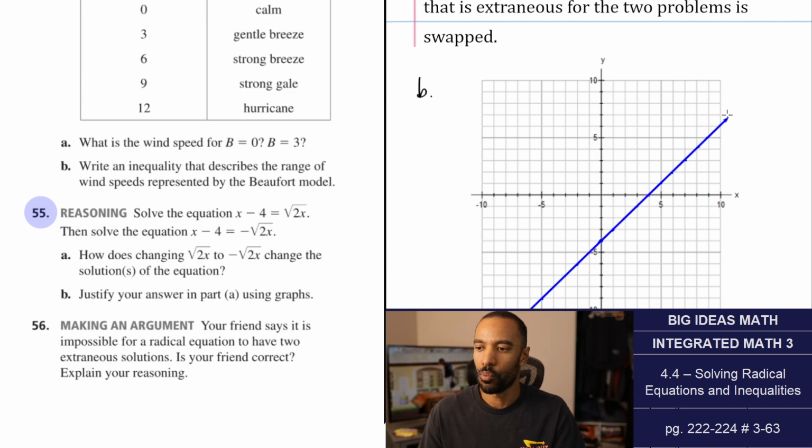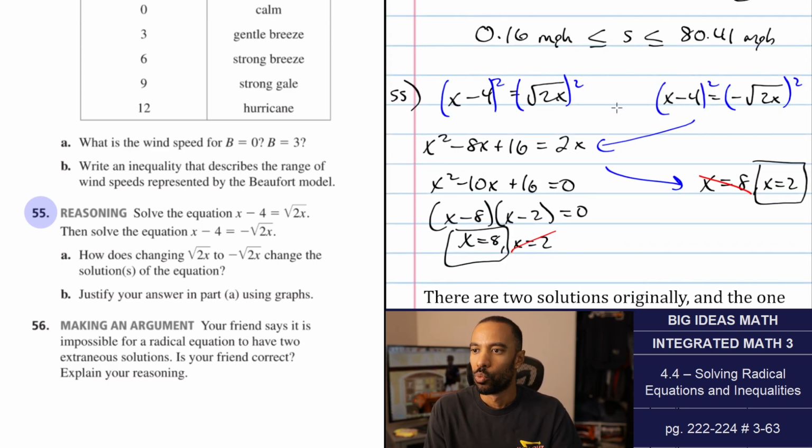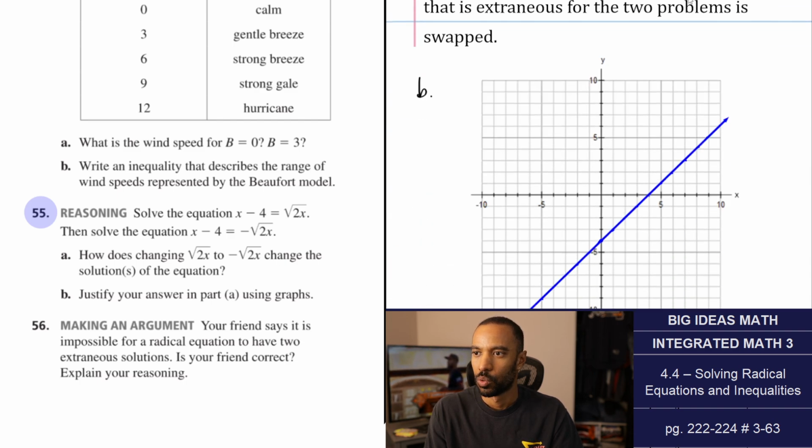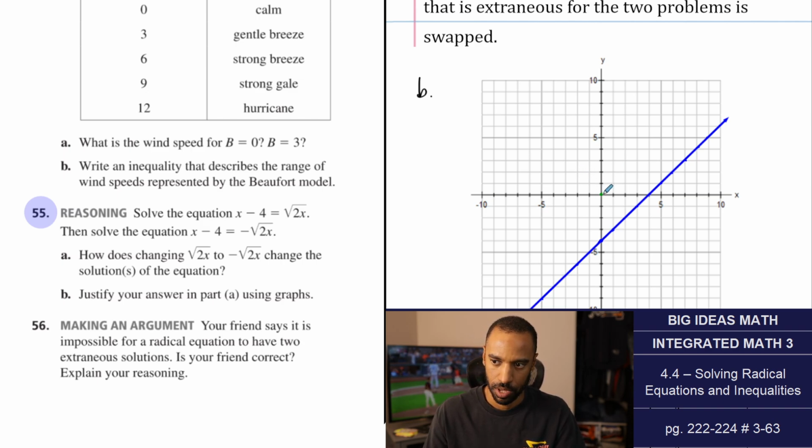All right, now the other ones, root 2x has a horizontal compression factor of 1/2. Origin is 0, 0. So I'll go 1/2 to go up 1, go over 2 to go up 2, go over 4.5 to go up 3, go over 8 to go up 4, and I think that one hits right there.